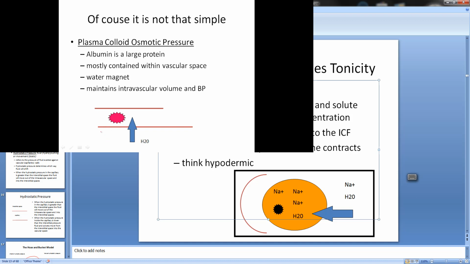Such is a good case of patients with liver disease. They have ascites. They have lower-extremity edema because they don't have enough albumin to hold on to their fluid in their intravascular space, so it leaks out into the edema or into the peritoneal cavity. So the plasma colloid osmotic pressure is important.